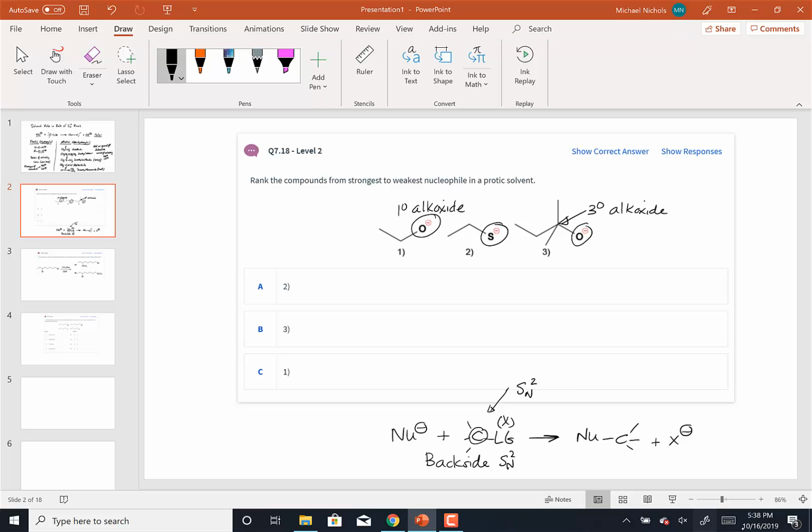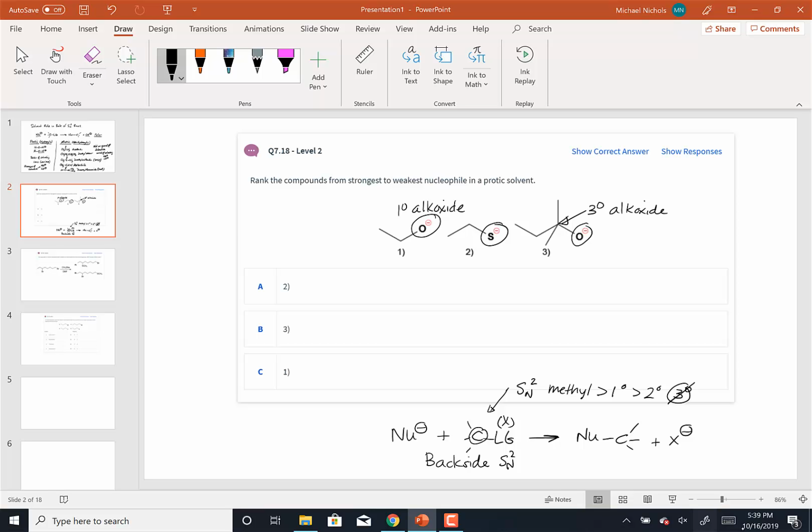Remember that in SN2, a methyl group attached to the halogen would react much faster than a primary, which would react faster than secondary, and tertiary alkyl halides don't react in SN2 reactions. That's based on the steric hindrance around this carbon. Less steric hindrance, faster SN2 reaction.